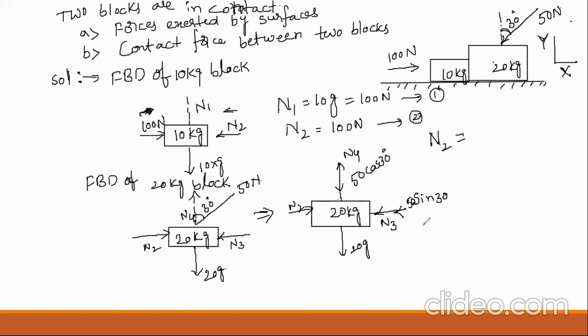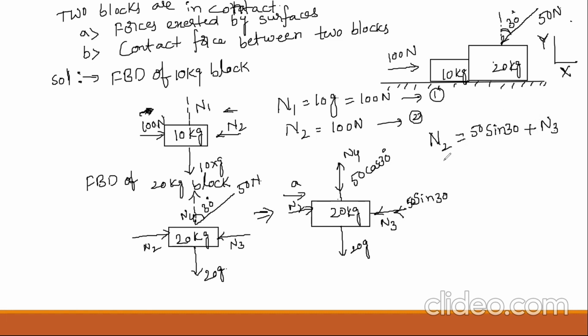You take N3 and this is also in the same direction. So N2 is equal to, because the force is acting in this direction and the body is moving in this direction, N2 is equal to 50 sine 30 plus N3, because these two are in the same direction. So we can write either on our LHS or RHS.